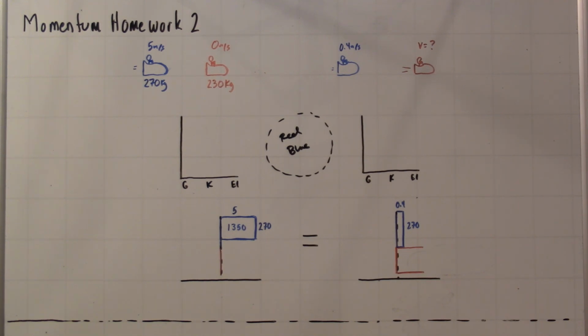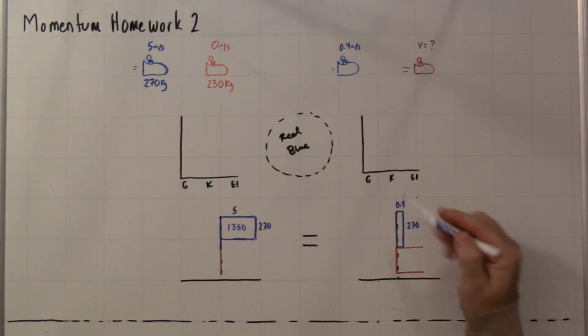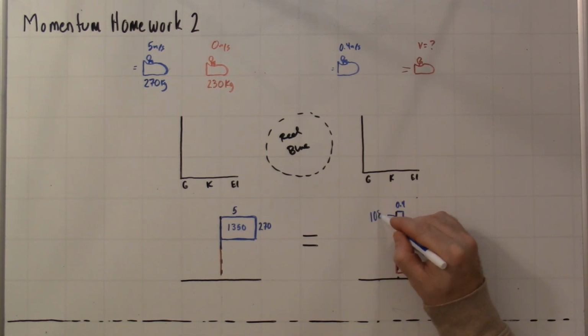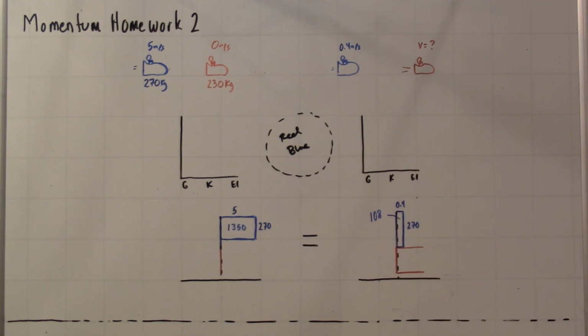What we have is this one right here. This area inside here is only 108. So the total has to be 1350, and so what are we left with? That means the area for this one has to be 1242.